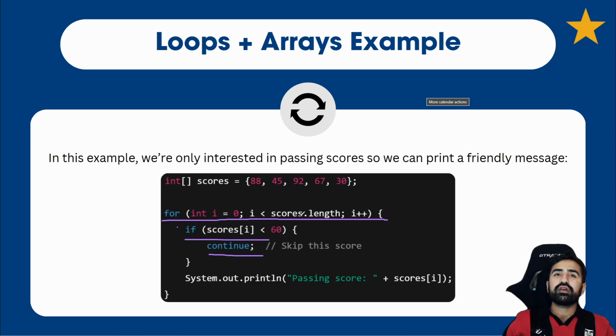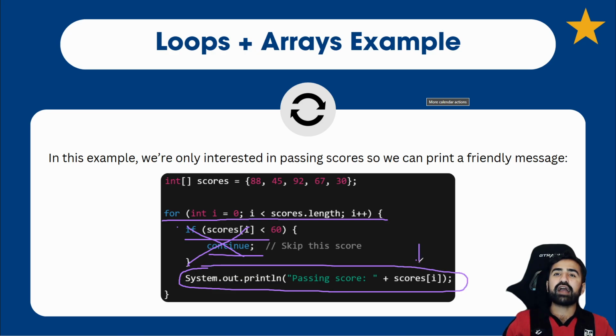Start at 0, end at the length of the scores array, and then increment by 1. Now this if is saying, if you don't pass, because not passing is less than 60, you're going to skip. If you do pass, we're not going to trigger this code. It's not going to skip. It's going to print a nice little message and say passing score.